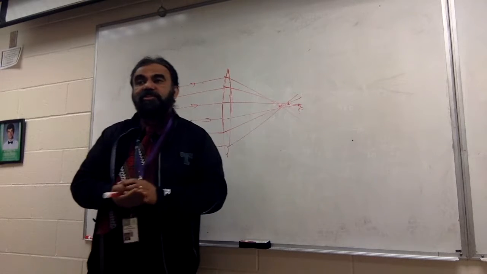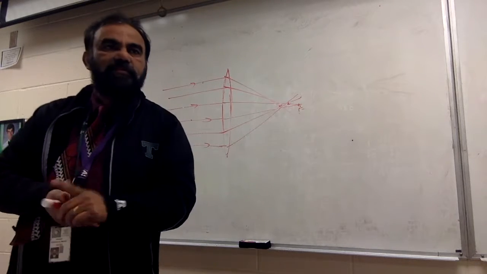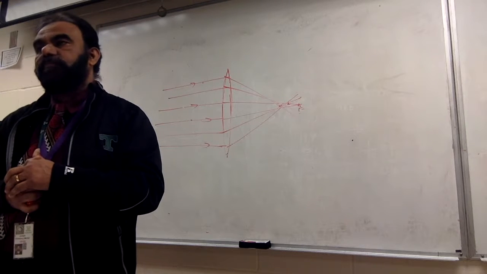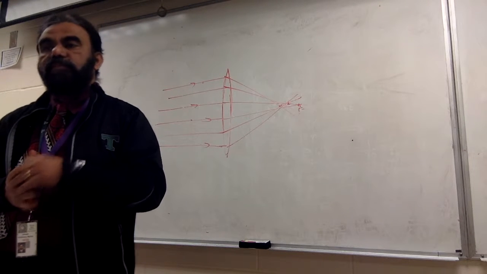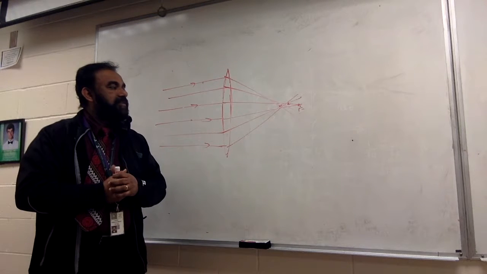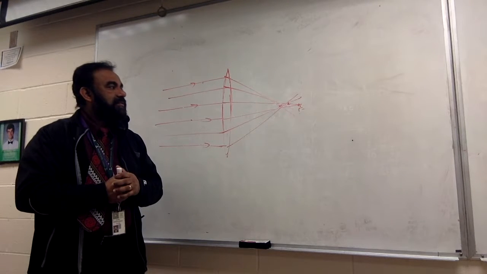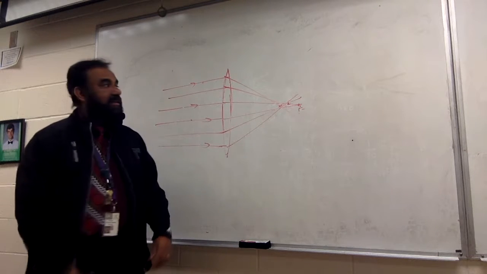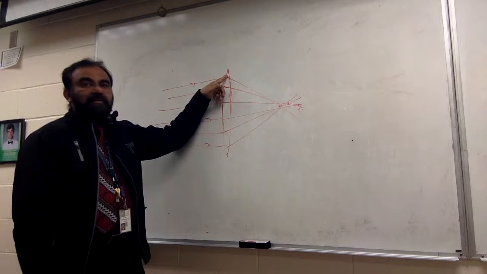So you're getting an image quality defect. That is called the spherical aberration for lenses. Normally, spherical aberration for lenses is minimized. You can't just get rid of it, but you minimize it by not making the angle sharp.